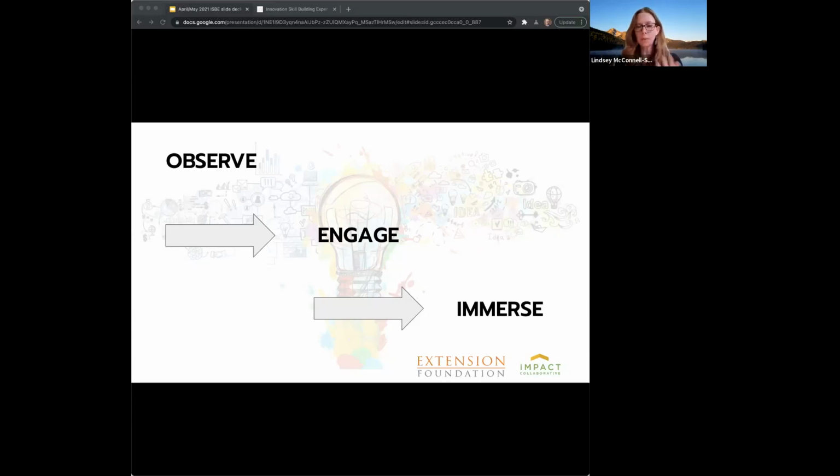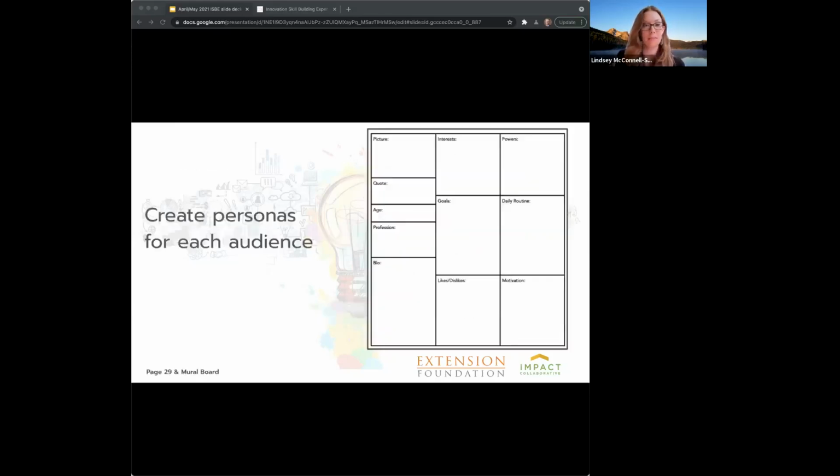So I'm sure this is not news to you, and we're just preaching to the choir, but we have developed a tool to help with this as you go through this process. What you're seeing here is the persona worksheet, created to help you wrap your mind around the general understanding of the groups of people you're working with, you're working towards impacting.